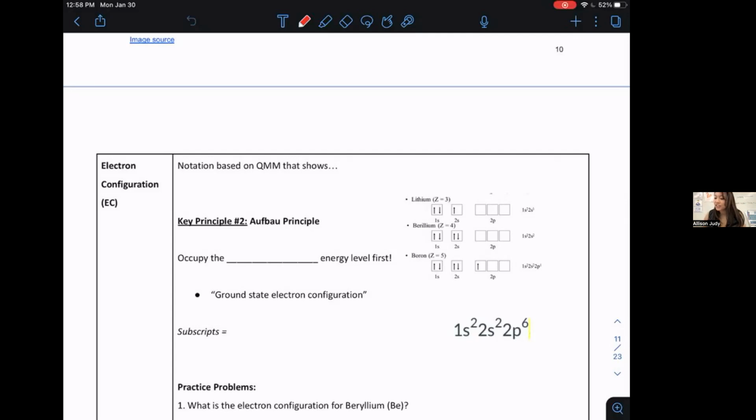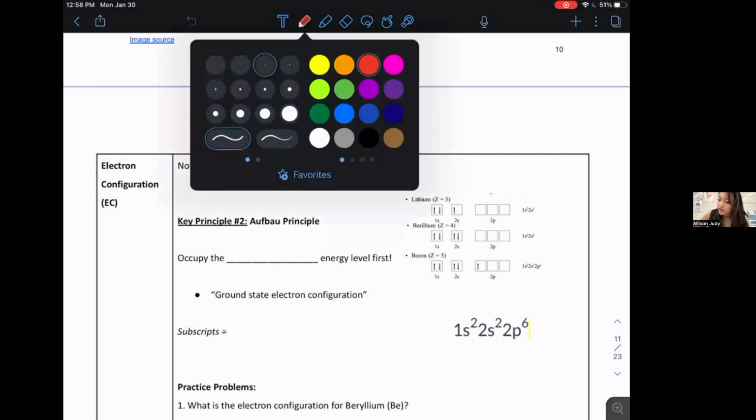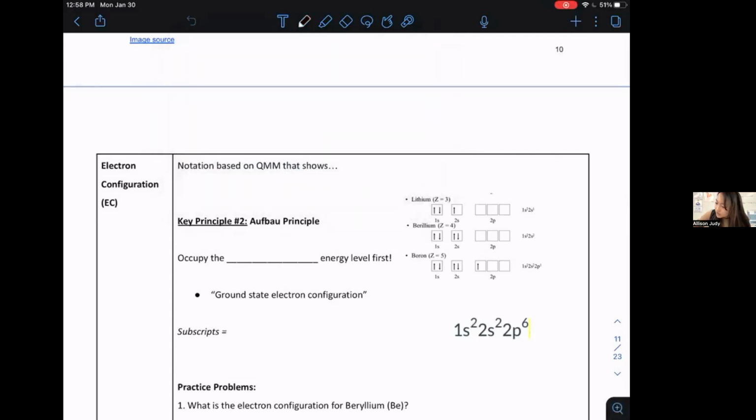All right, so it's a notation based on the quantum mechanical model that shows the electron arrangement in an atom based on the principal and angular momentum quantum numbers.